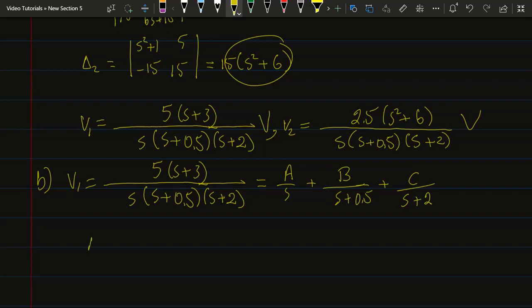So now to find A, B, and C, you need to use the cover-up method. And for the first one, I will cover the S. So I multiply both sides by S to get A, and I will substitute for S equal to 0.